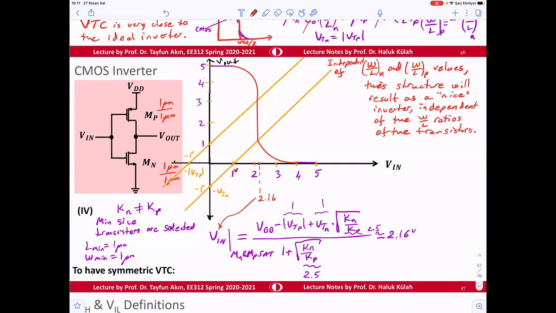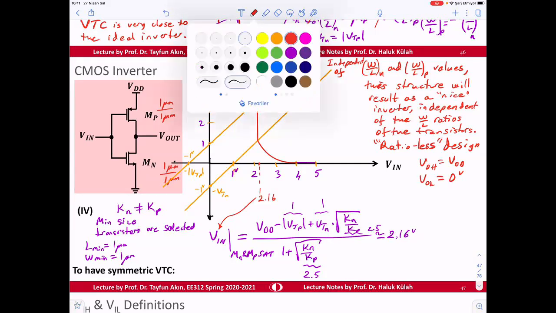This is therefore called ratioless design. In any case, no matter what it is, V output high is going to be VDD, and V output low is going to be 0 volts. Very nice feature.